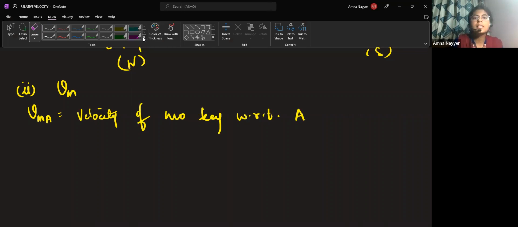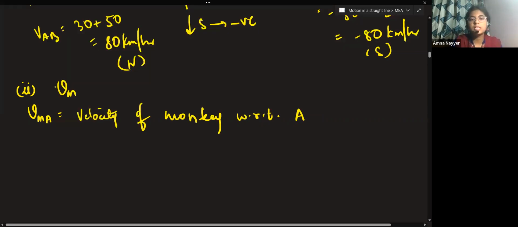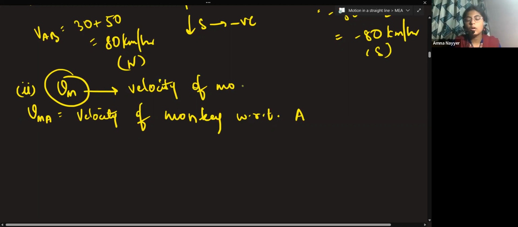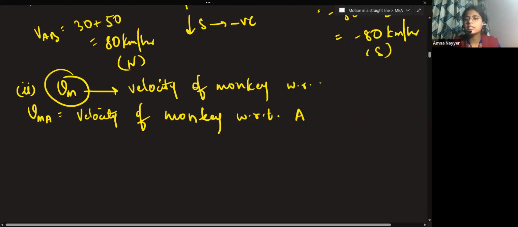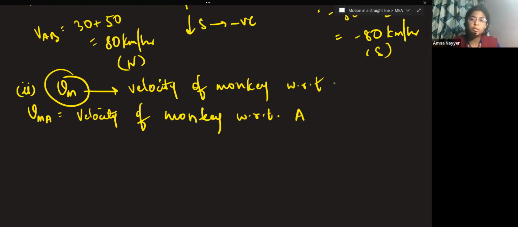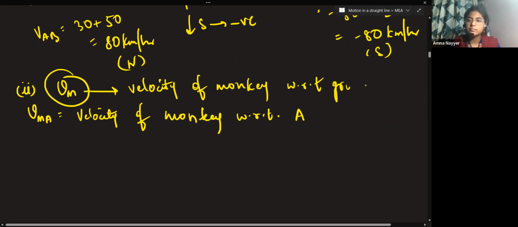So this is a relative velocity given to us. This we have to find out. This is the velocity of monkey with respect to ground. Yes, now it's correct. Aisha, now your answer is right. Monkey with respect to ground. Ground means the absolute velocity with respect to ground.